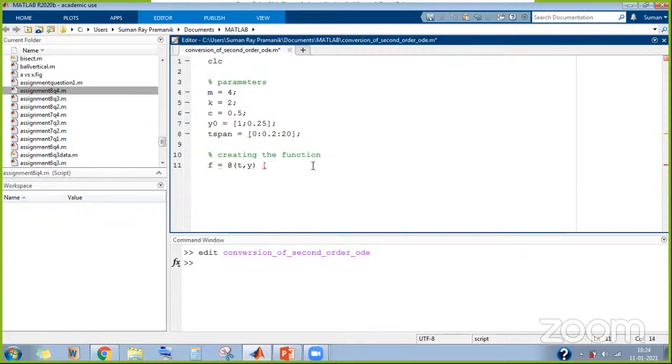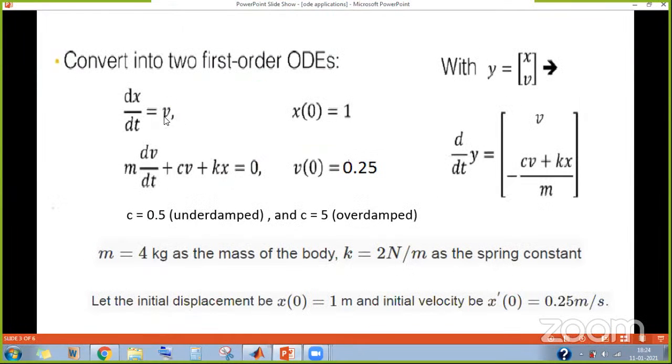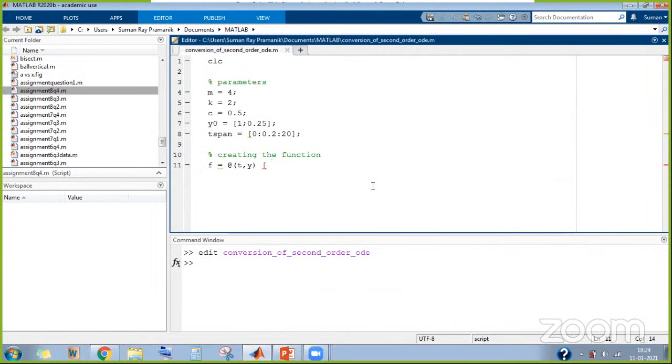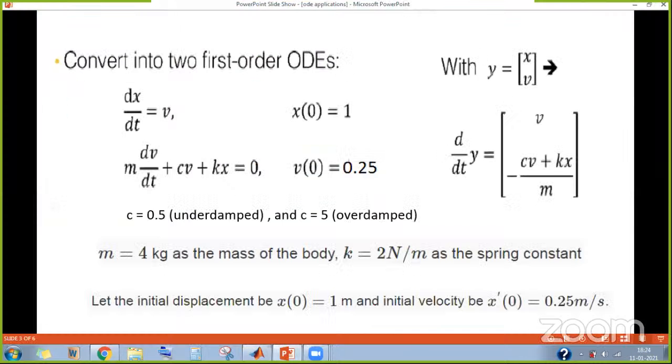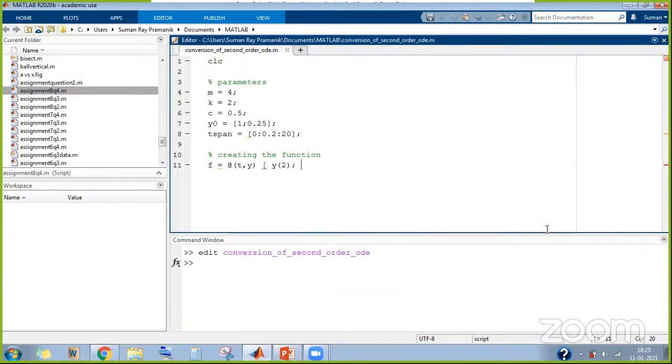So our first ODE was this thing, that is v, and because this is the second element of y, I will write y of 2. Now the next will be this equation, that is minus cv plus kx by m. And once again, instead of v we use y of 2, and for x we will use y of 1.